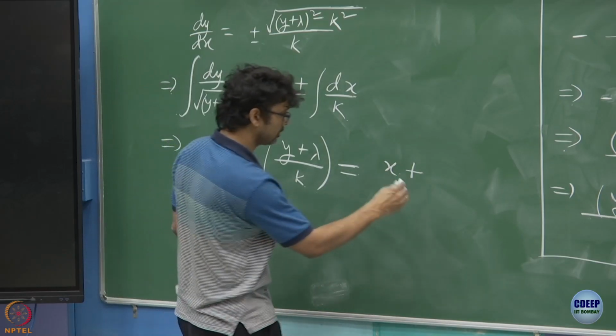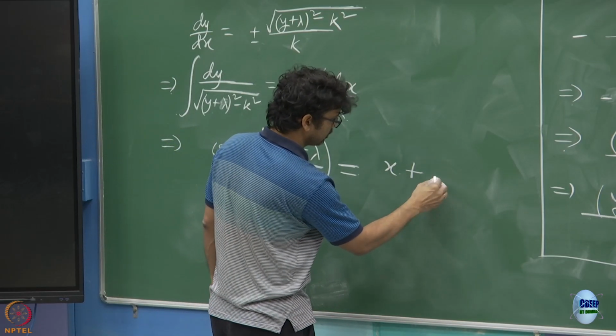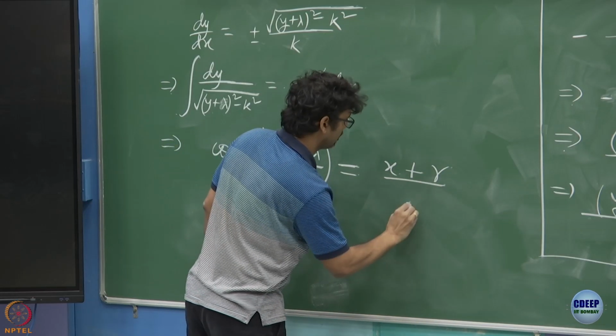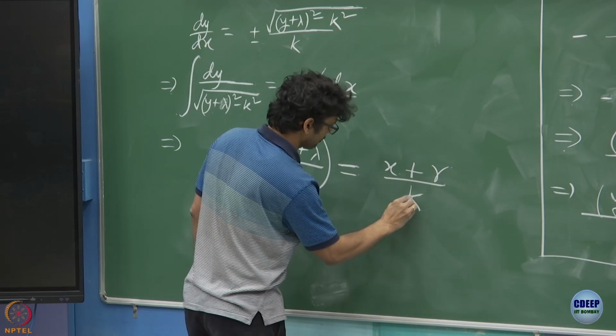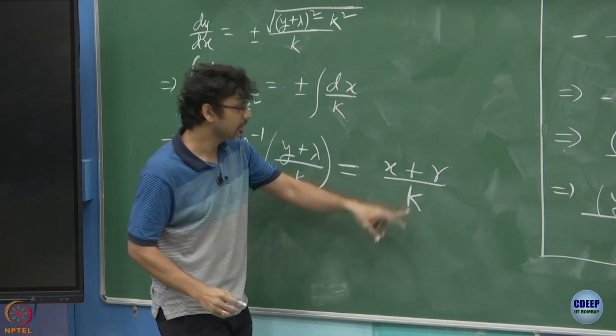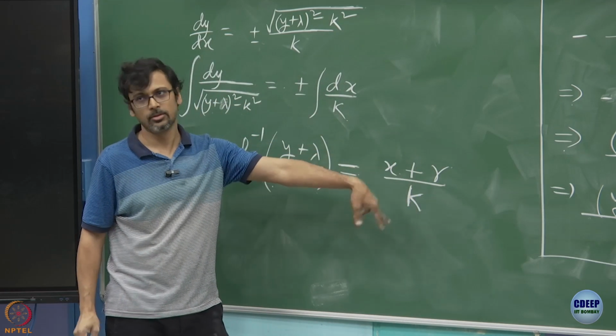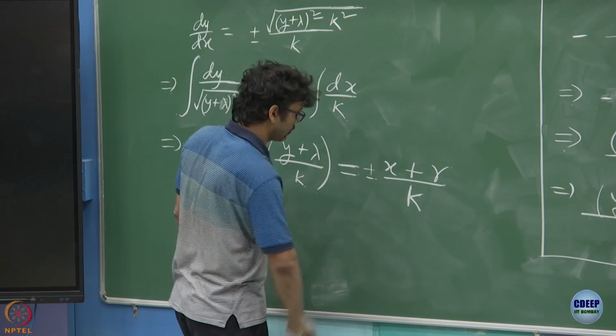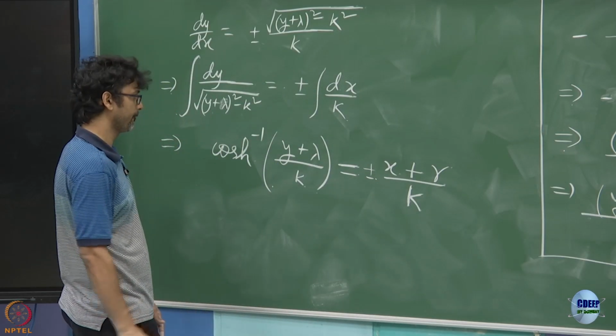For want of a better term, let us just call this gamma by k. Gamma by k is the constant of integration, so you can just adjust it accordingly, plus or minus. So this tells you what exactly?